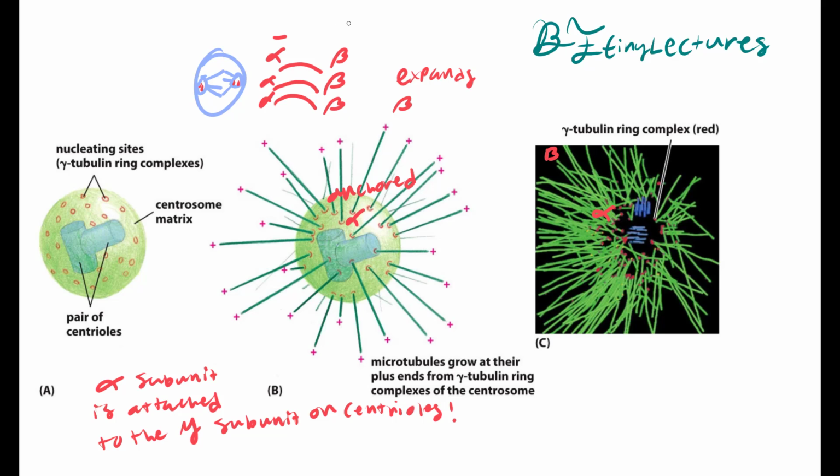So this is negative and this is positive. They don't have a physical charge, it's just sign convention. The alpha ends are always within the centrosome, and really the alpha ends are attached to the gamma tubulin ring complex. That is just like an anchor for the alpha subunits.